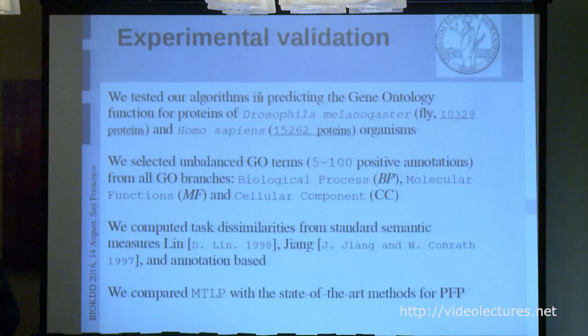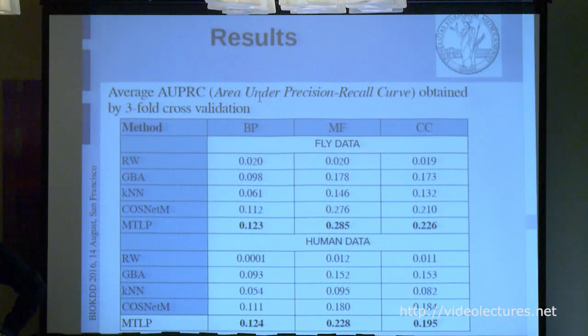And also we test other state-of-the-art algorithms for semi-supervised graph-based prediction. Here we have the results, where RW is the random walk algorithm, GBA is the guilt by association algorithm, KNN is the K nearest neighbor algorithm.